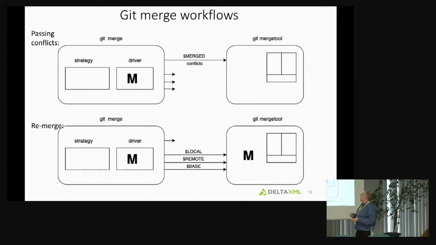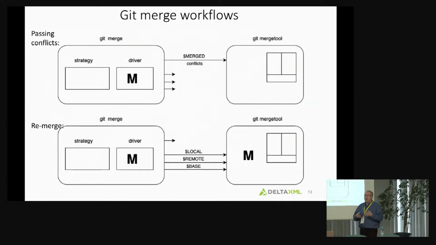When you do a Git merge operation, you will look at the documentation and you'll see mention of a strategy or a scenario, and that is the first part of the process. What it's trying to do is analyze all of the files in a given commit, look at the directory structure, understand renaming operations, understand moves, and provide triples of files that are then passed to the merge driver.